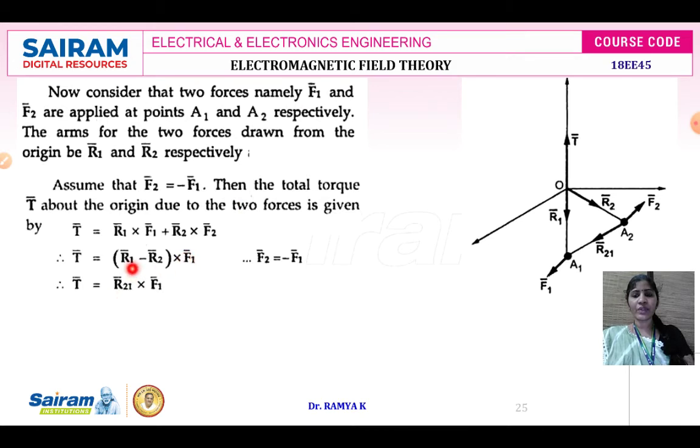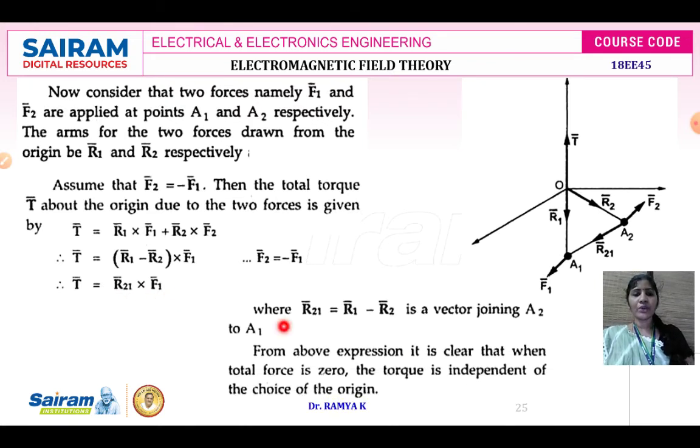Substituting, we get r1 minus r2 cross F1. So torque T is equal to r21 cross product with F1, where r21 is the distance vector joining A2 to A1. From the above expression, it is clear that the total force exerted will be equal to 0, whereas the torque about the origin is perpendicular as shown over here.